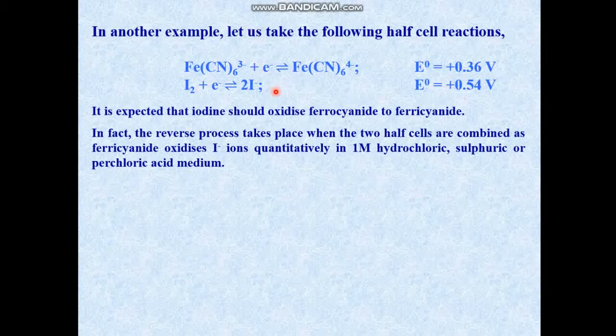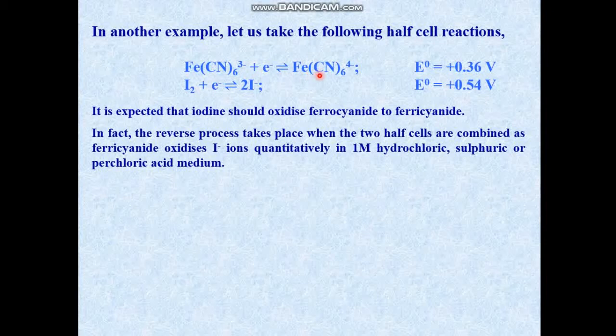So what actually happens is this system becomes the oxidizing system and the other becomes the reducing system. Definitely the ferricyanide ion becomes the oxidant and the iodide ion becomes the reductant. The iodide ion loses one electron, that electron is consumed by the ferricyanide ion and it becomes ferrocyanide ion.